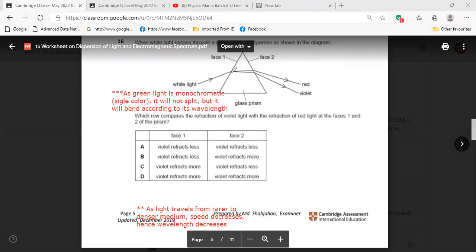Green is going, then it will not split. There will be a single ray going this way. It will come here, then it will go in the middle.